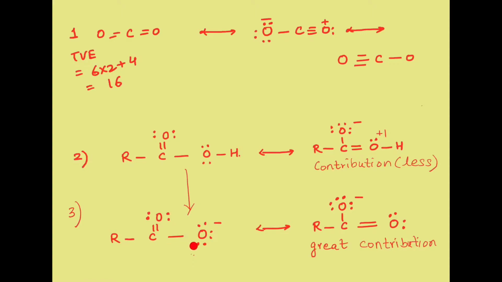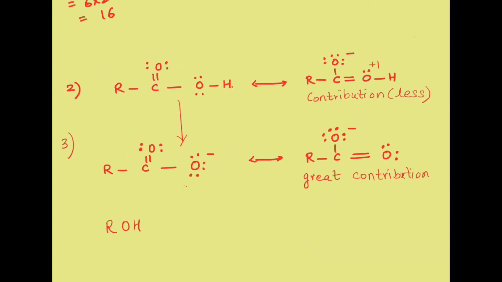Now we see that the carboxylate ion is existing in two canonical structures which are equivalent in energy, so their contribution to resonance is great. So carboxylic acid is happy to get rid of its hydrogen in order to form the carboxylate ion. And that is why they are able to show acidic properties.